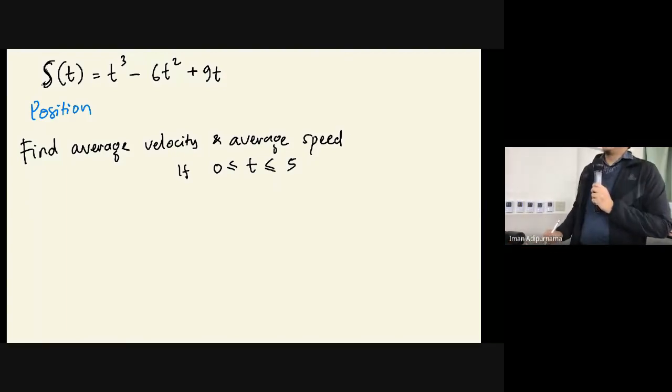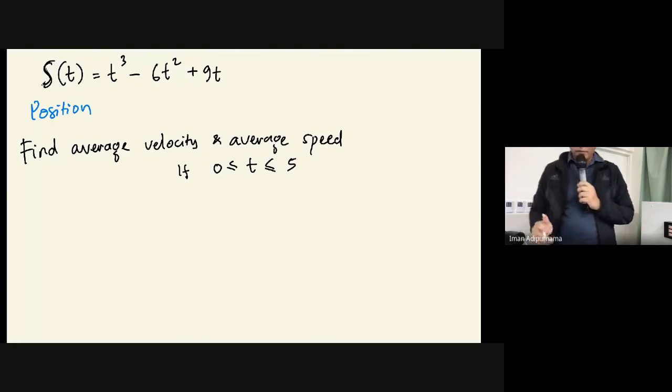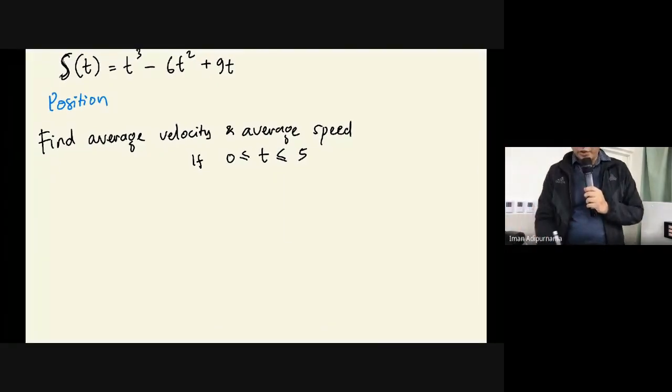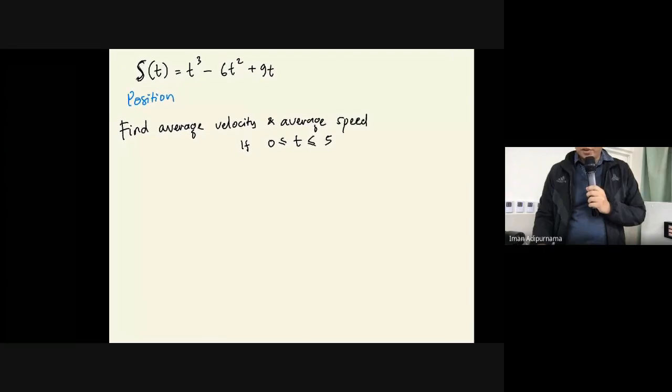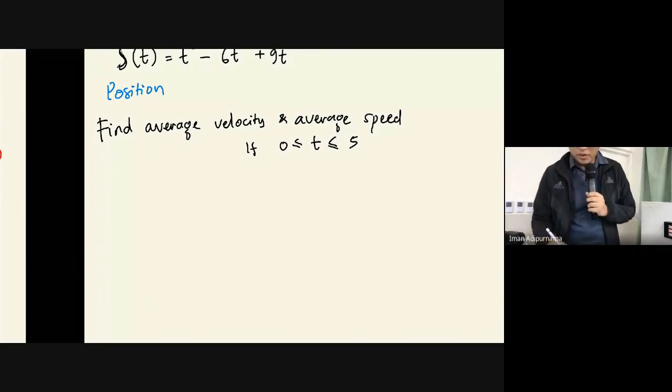Do you know the difference between average velocity and average speed? Let me write the definition for you. I'm not sure if you have learned this in physics, like finding velocity, right?